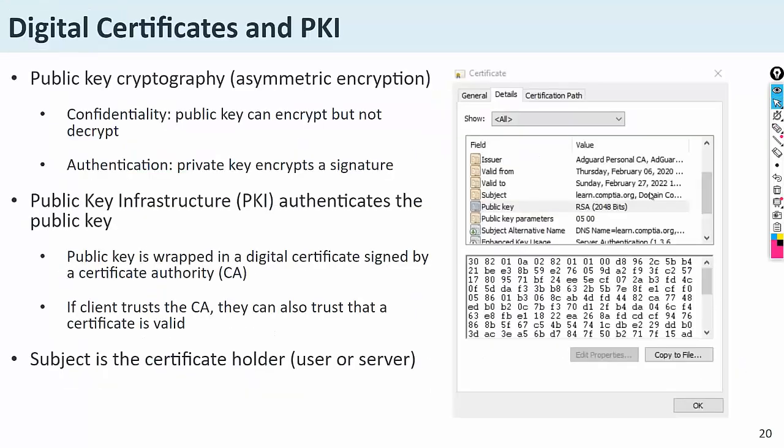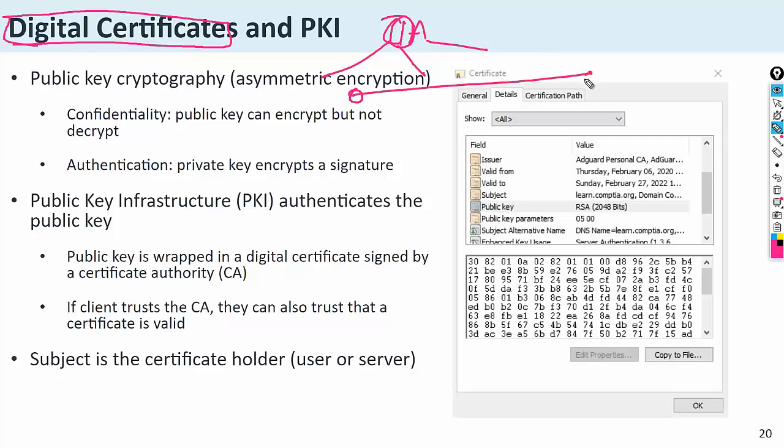The next topic is digital certificate and PKI. What is a digital certificate? Actually, we have discussed the CIA. What is the CIA? Confidentiality, integrity, and availability. On integrity, when data is traveling from one computer to another, the data must be encrypted.